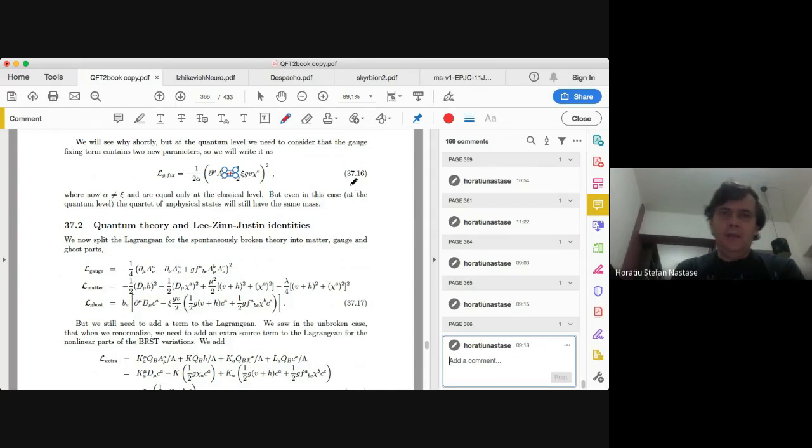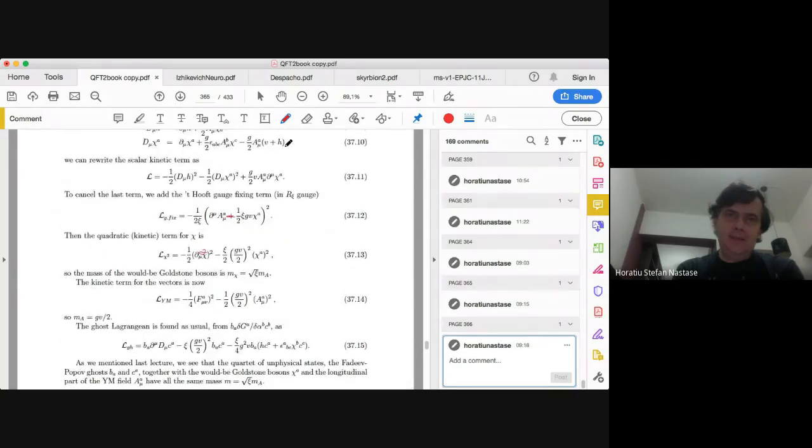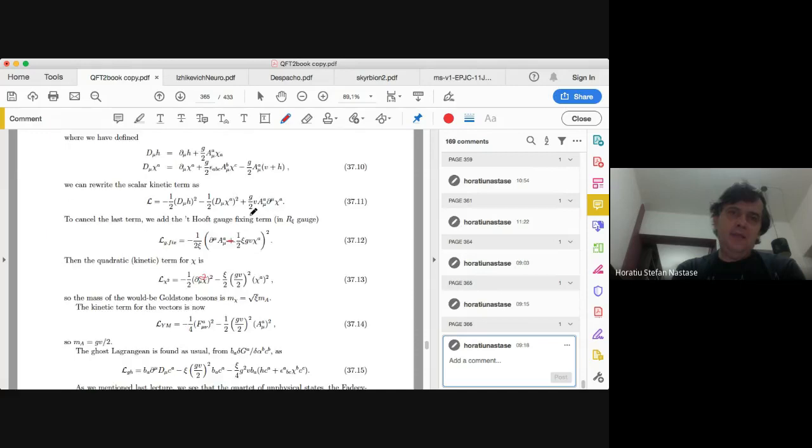Now, we'll see why shortly, but at the classical level I wrote the same psi both here and here. The reason was that in the cross term psi canceled, and that allowed this cross term to be of this form, canceling this piece coming from the scalar kinetic term, this mixing.